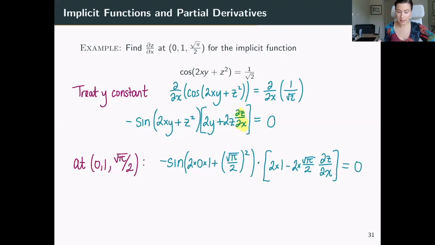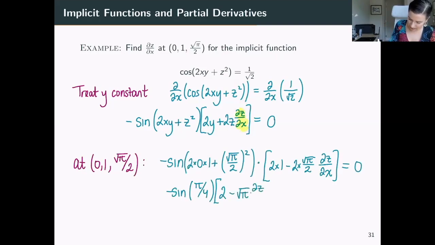On the far left, we end up getting that this is just going to be negative sine of pi over 4. And then times, I get 2 minus root pi, dz dx, all equal to 0.